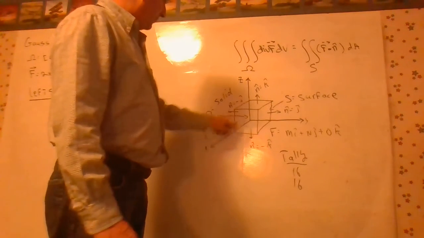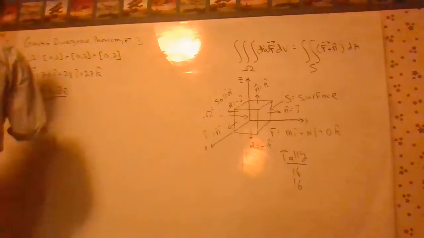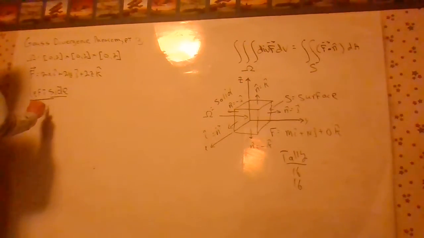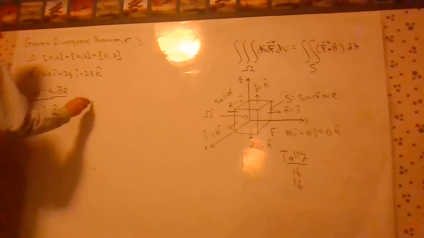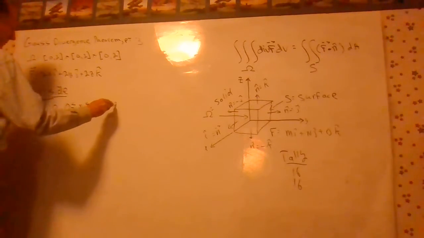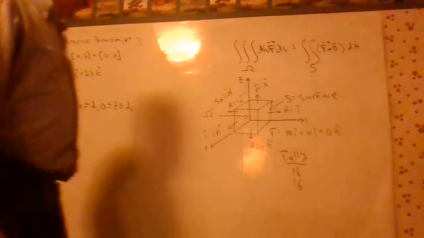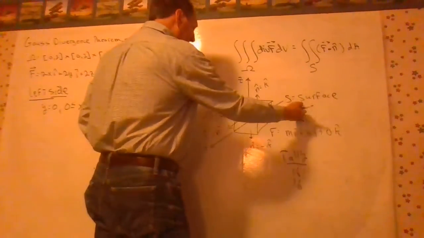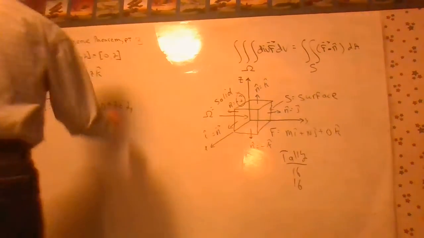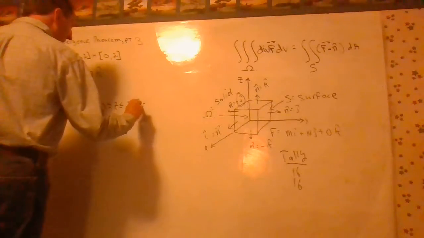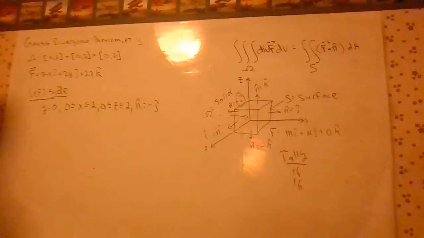X varies from 0 to 2, z varies from 0 to 2, y is fixed at 0. And of course we have j on this side, negative j on that side. We're talking about that right there.